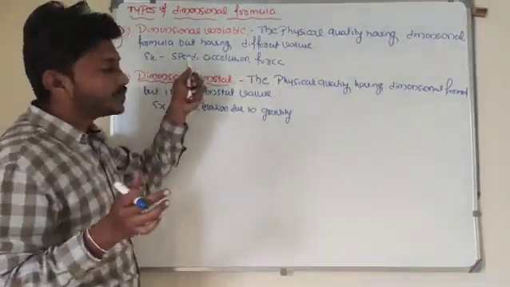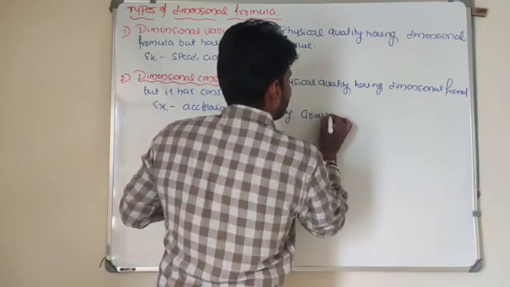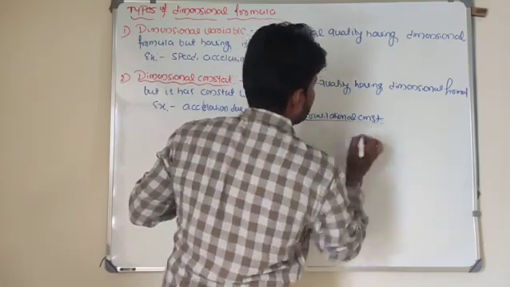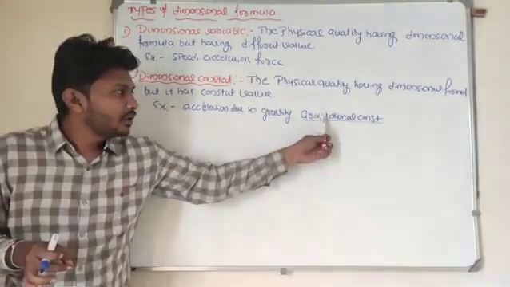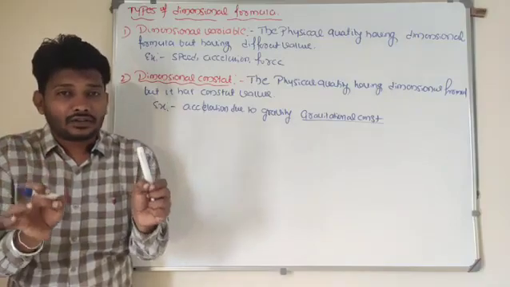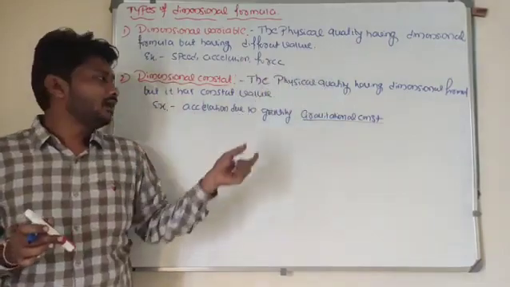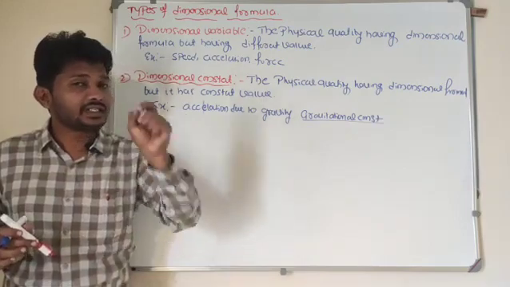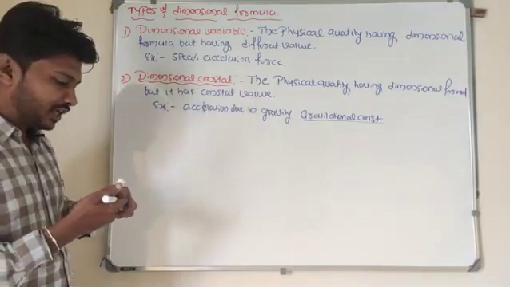So that belongs to dimensional constant, and gravitational constant also belongs to dimensional constant. Already we got the dimensional formula for the gravitational constant, but it has a constant value, that is 6.67 something. So that physical quantity has dimensional formulas, but it has constant value, so the value doesn't change, so that belongs to dimensional constant here.